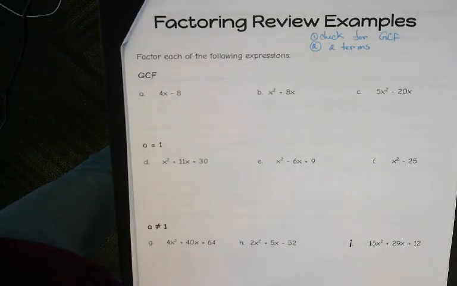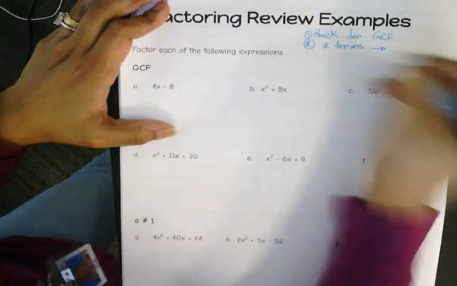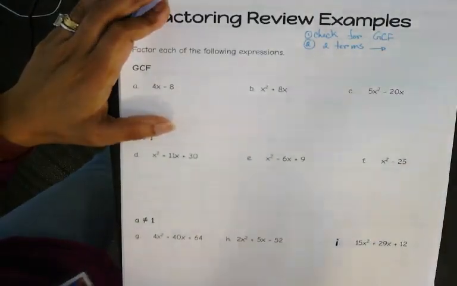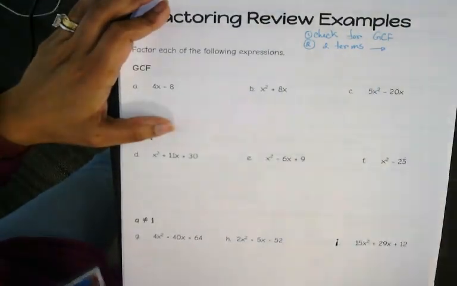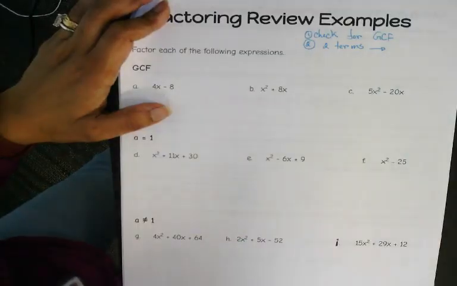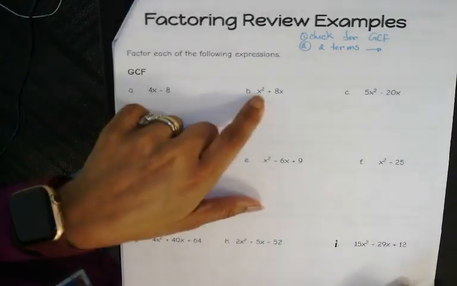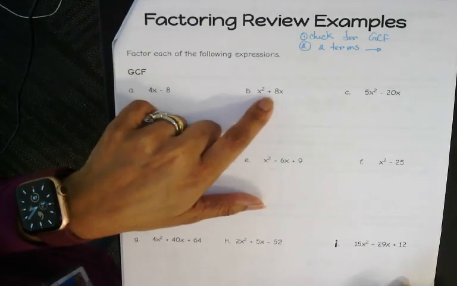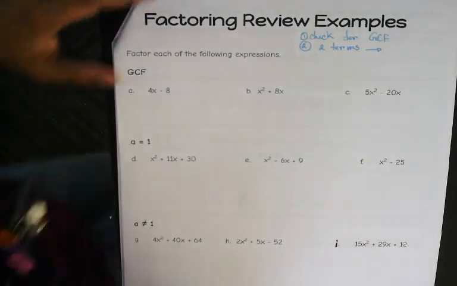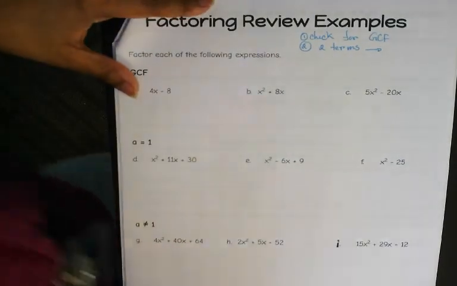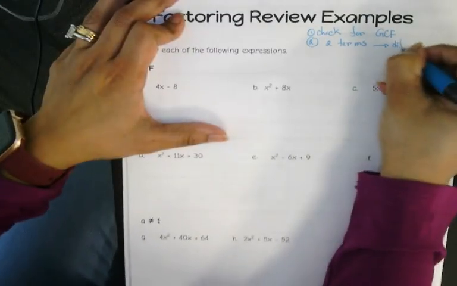Difference of squares, because if you have two terms that are perfect squares, you're going to try to do a difference of squares. First check for the GCF, then go for the difference of squares, if both of them are perfect square numbers or perfect square terms. So here I cannot do the difference of squares because there is no minus in the middle. You can only do it whenever you have a negative in the middle. So make sure you check for that one.